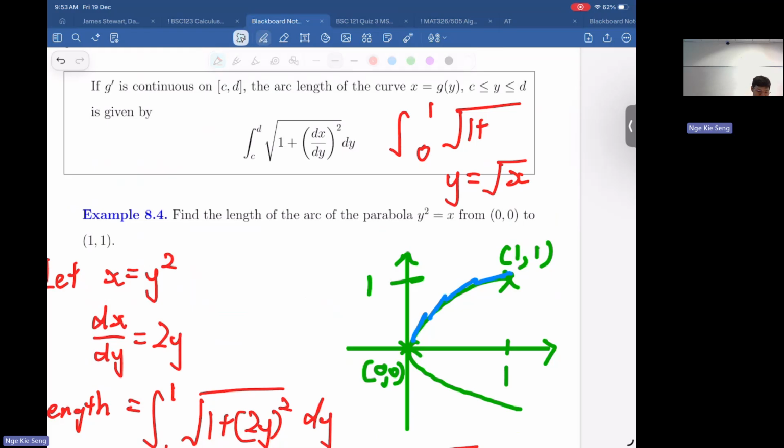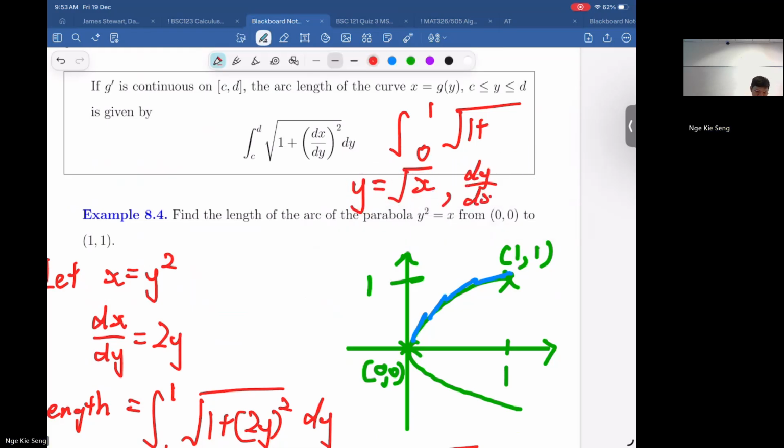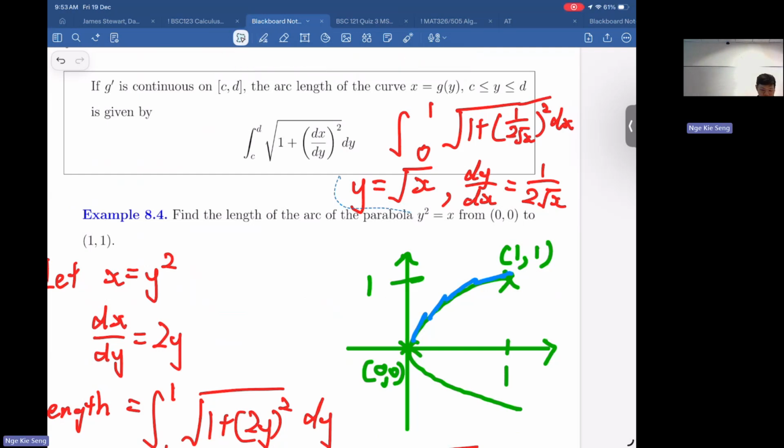Here the dy dx will be 1 over 2 x to the 1 over 2, like that. So you square this. Try and compute this. This should give you the same answer as well.